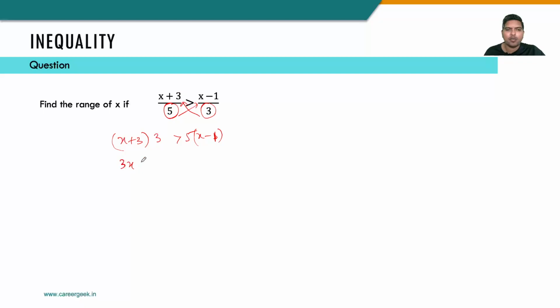So 3x plus 9 is greater than 5x minus 5. So I bring 5x to this side and 9 to the other side. So this becomes negative 2x. Positive 9 becomes negative 9. Now to get to x, I'll need to divide both sides by negative 2.